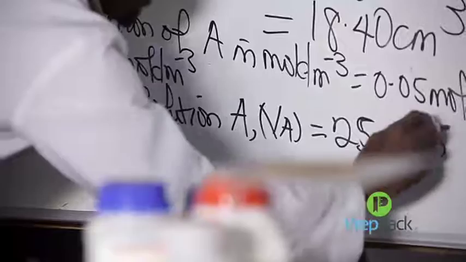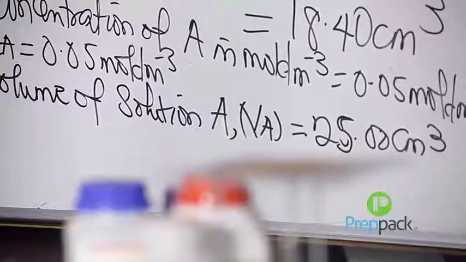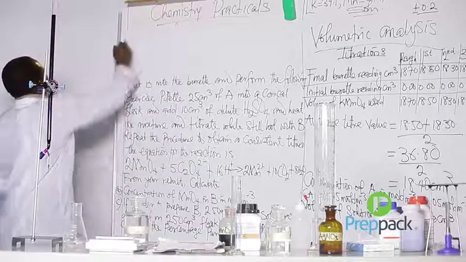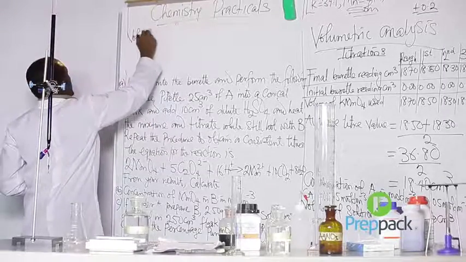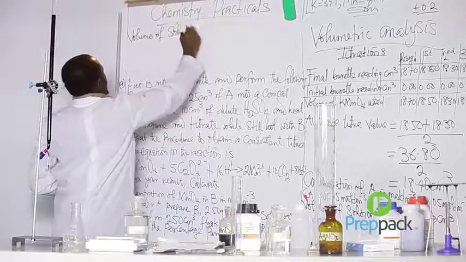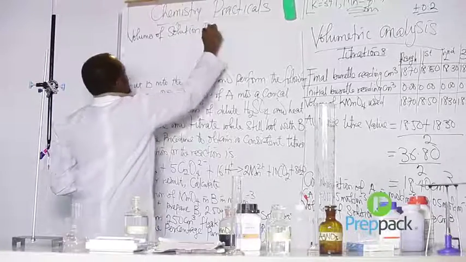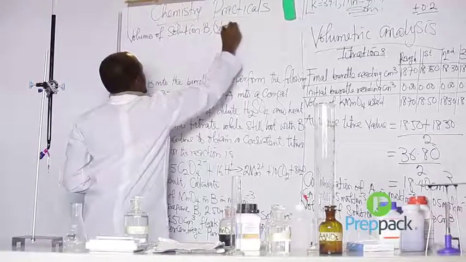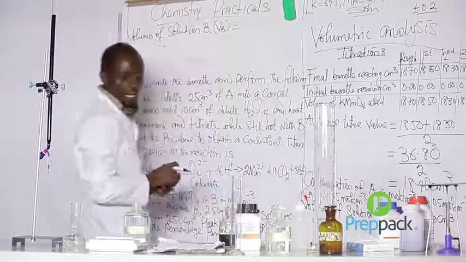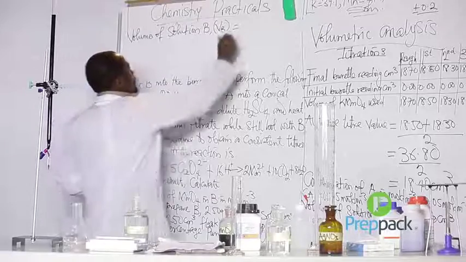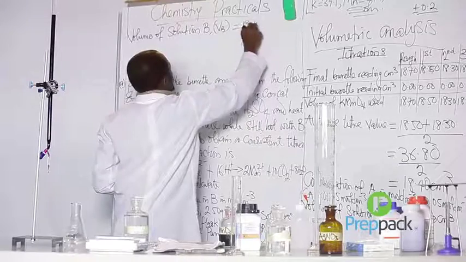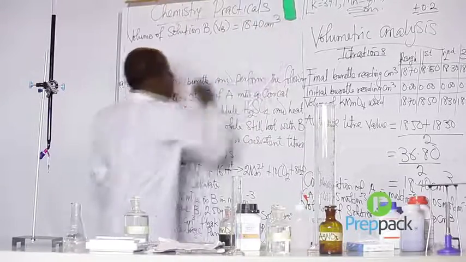Now the volume of solution B, that is the Vb, is equal to the average titer value obtained, because KMnO4 was our B. So this one is 18.40 cm cube.